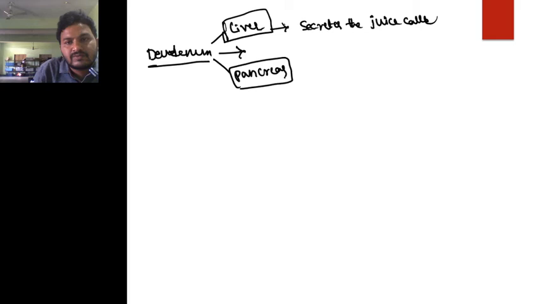Once there is an accumulation of waste materials and poisonous materials with the food materials, the liver checks how much waste material is present in the food taken.